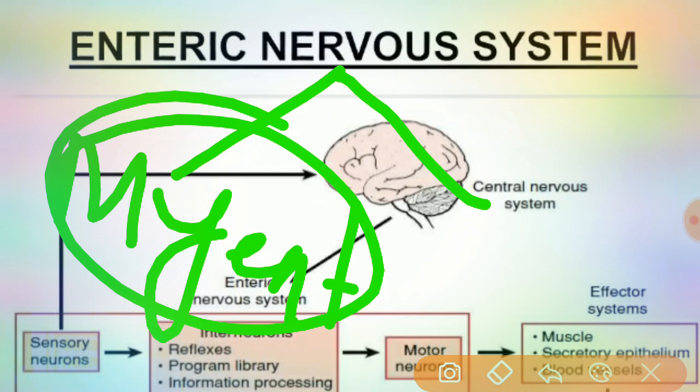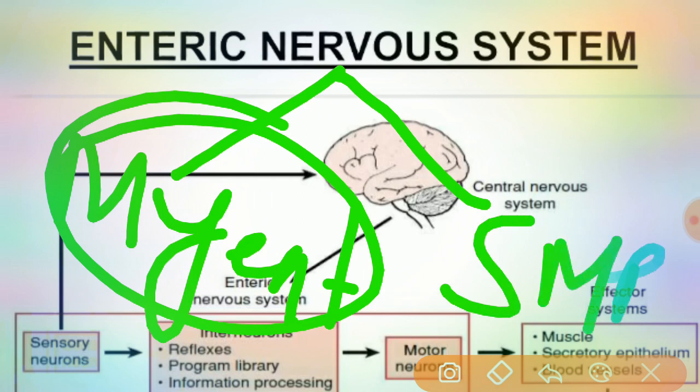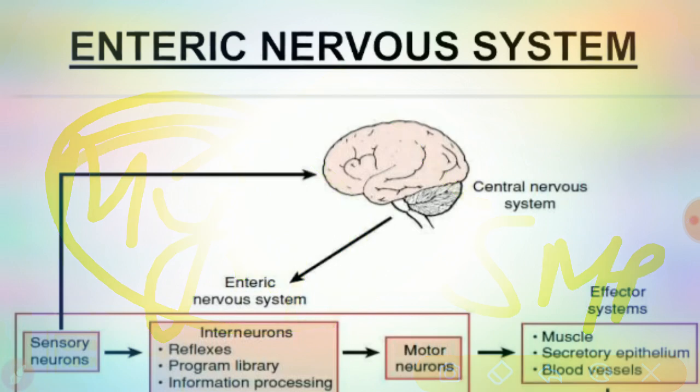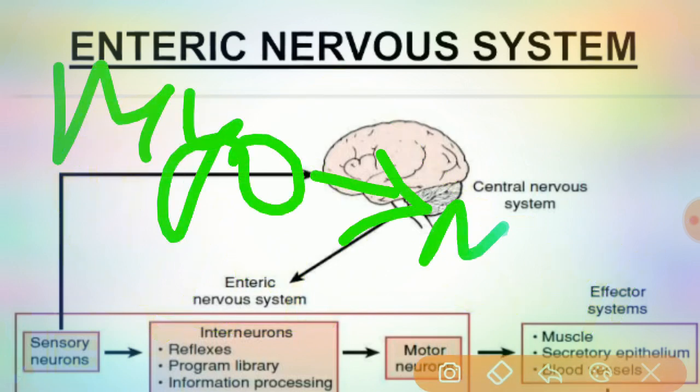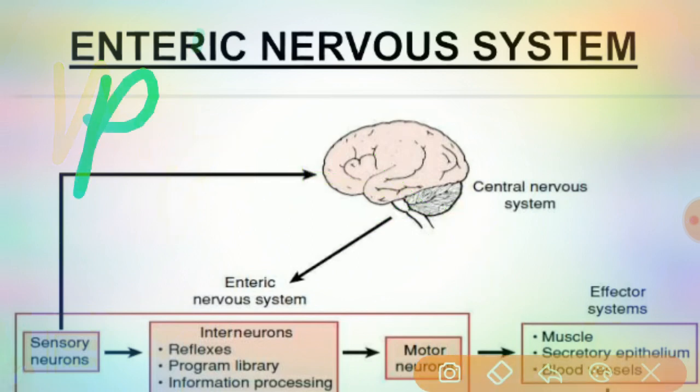The myenteric plexus and the submucosal plexus. Myenteric plexus: we know that the meaning of myo is muscles. So we call it the muscle plexus, or the plexus of Auerbach.